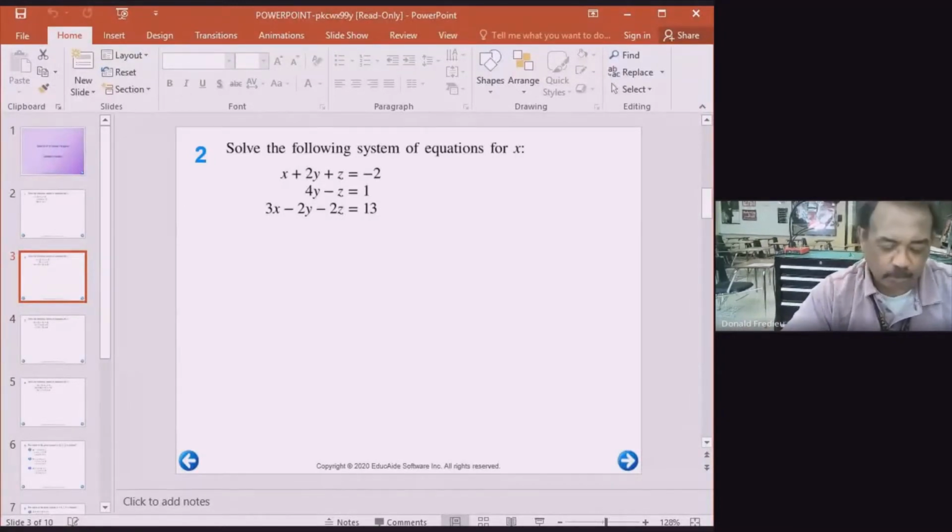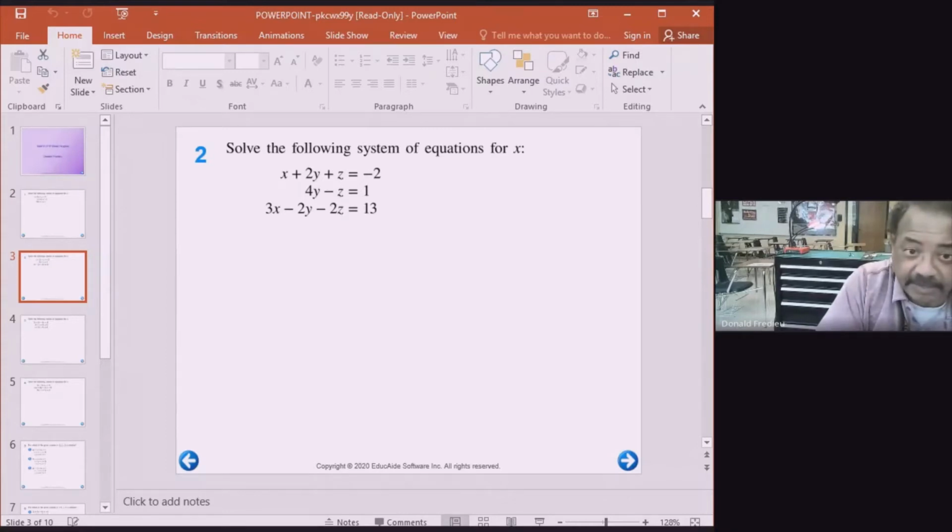Now, this is part of a PowerPoint. So I'm going to copy this down, x plus 2y plus z equals -2, and 4y minus z equals 1, and 3x minus 2y minus 2z equals 13.